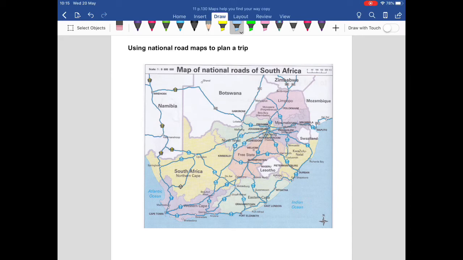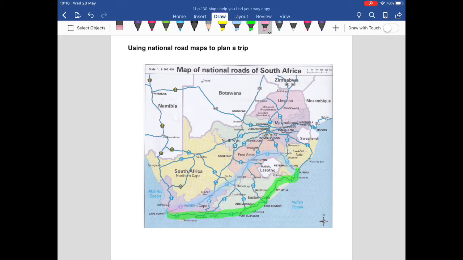If we plan from Cape Town to Durban, we could go along the N1 up to and through Bloemfontein, and then we could go onto the N5 and down to Durban. That is one route.